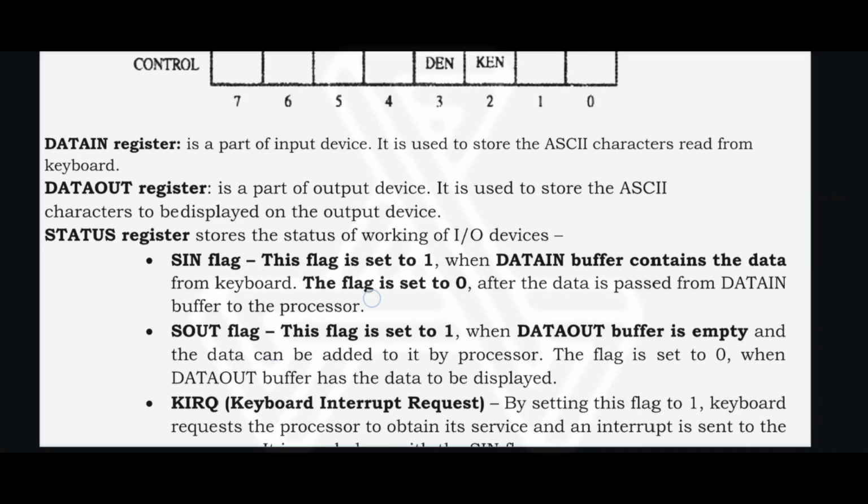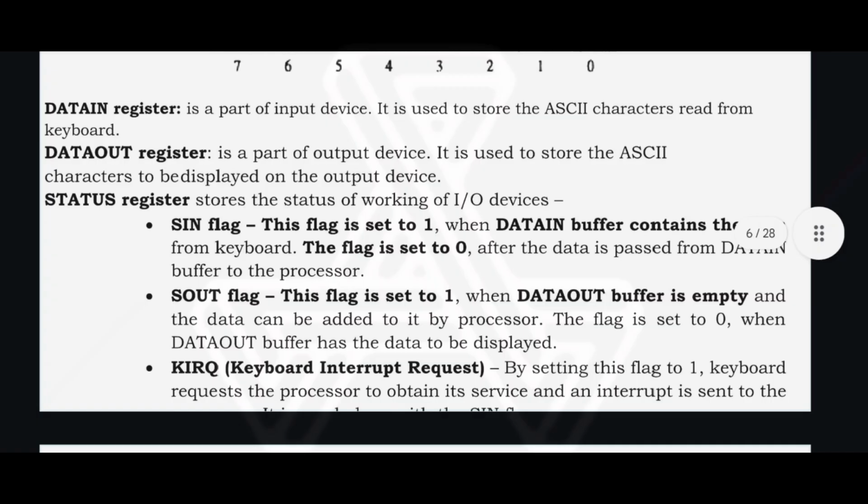SIN flag: this flag is set to 1 when the data in buffer contains the data from the keyboard. This flag is set to 0 after the data is passed from the data in buffer to the processor. SOUT flag: this flag is set to 1 when the data out buffer is empty and the data can be added to it by the processor. The flag is set to 0 when the data out buffer has the data to be displayed.